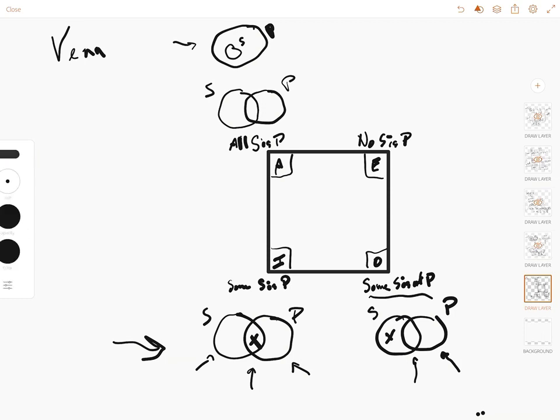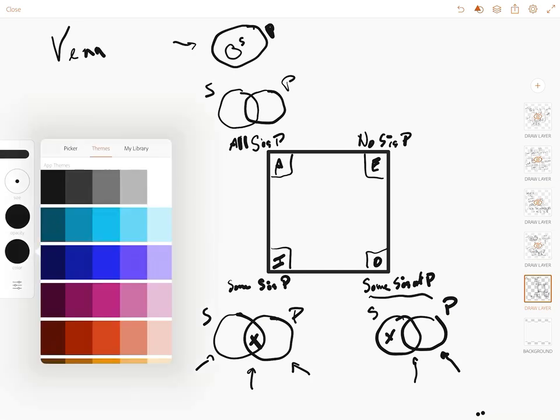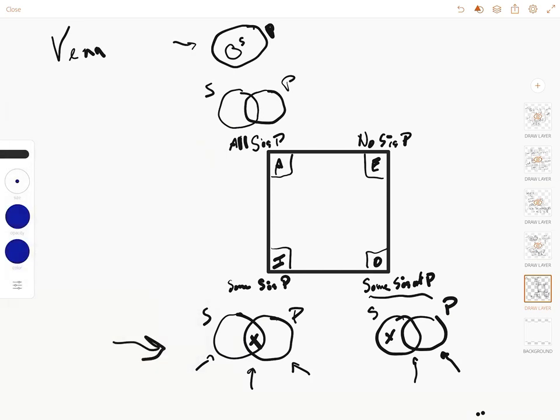So in this particular case, I'm going to use some blue to shade. The shading in this region means that the area of S outside of P is empty. So remember, shading means empty, right? Now, look at where that shading is.